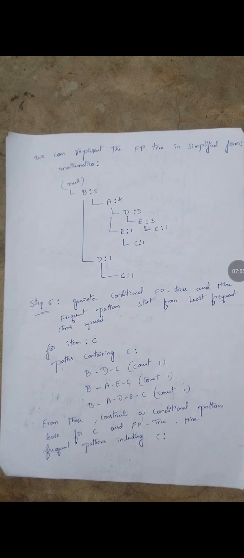A colon 4 means A is repeated in 4 transactions. D colon 3 means D is repeated in 3 transactions. E colon 3 means E is repeated in 3 transactions.